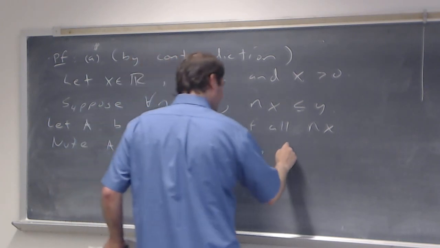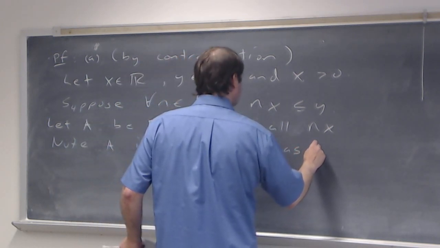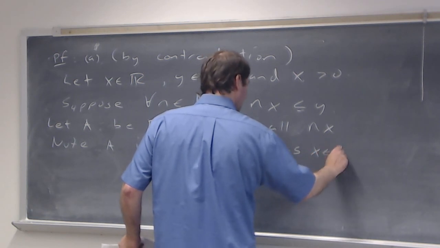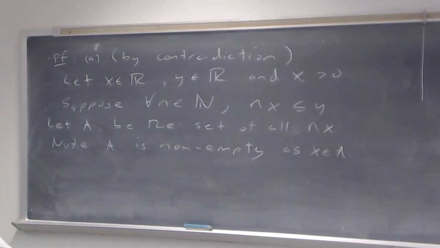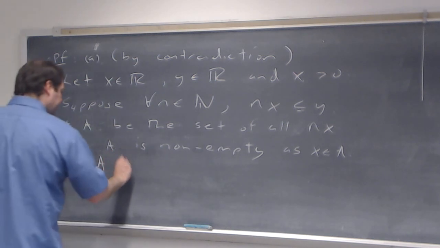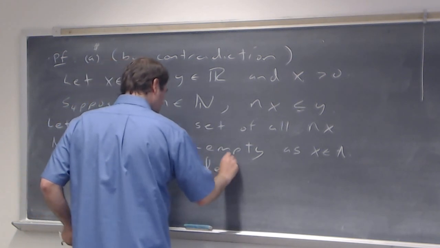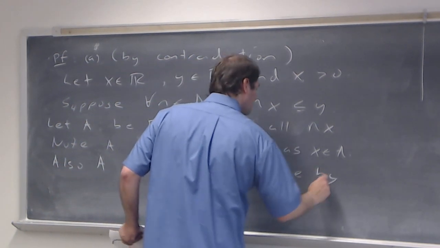The reason it's non-empty is x is an element of A, because n could be equal to 1, so 1 times x is x, and x is in A. Also, A is bounded above by y.